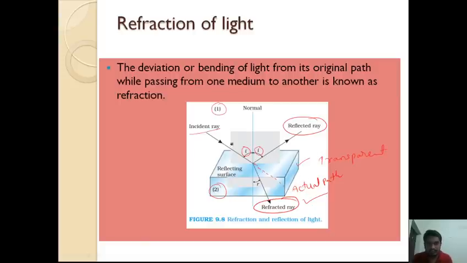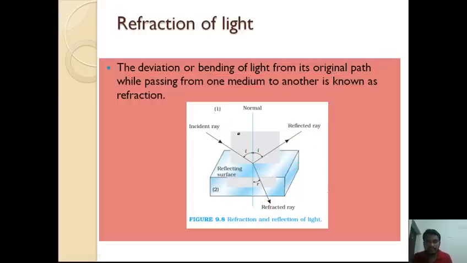That is why we can define refraction as the deviation or bending of light from its original path while passing from one medium to another.